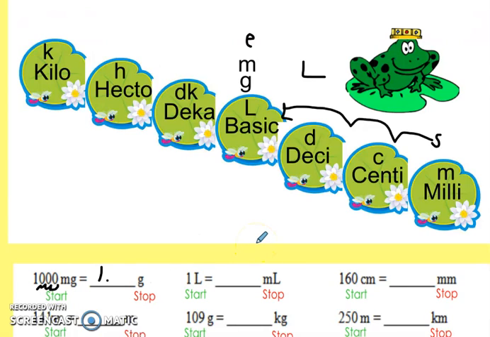Okay, so let's do this next one over here. Let's do C stands for centi. So I'm going to erase what we have so far, and we're going to actually set this up. We need to write down, first of all, our start. Well, C is for centi, so I'm going to start here at centi, and I know it's 160 centimeters, and I need to figure out how many mm.